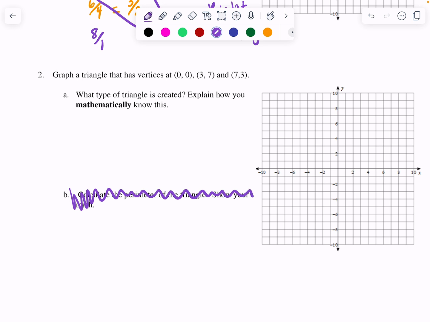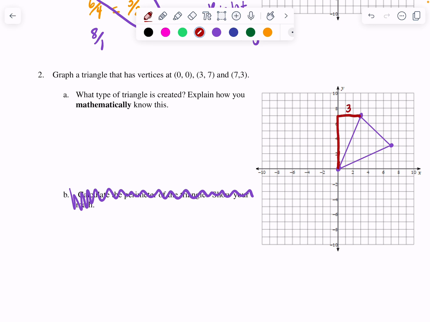So if I were to plot these points, I've got 0, 0, 3, 7, and 7, 1. I've got this right here, right? So if I connect my points, okay, so again, let's make our triangles on the outside.